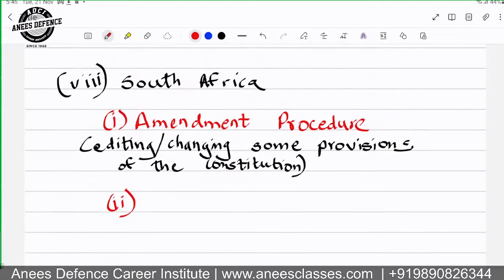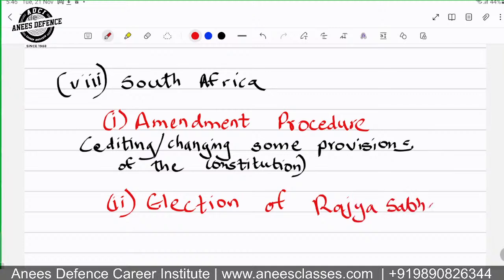As we have already seen, nomination of members to the Rajya Sabha is adopted from the Constitution of Ireland. But the process of election of Rajya Sabha members is adopted from the Constitution of South Africa.